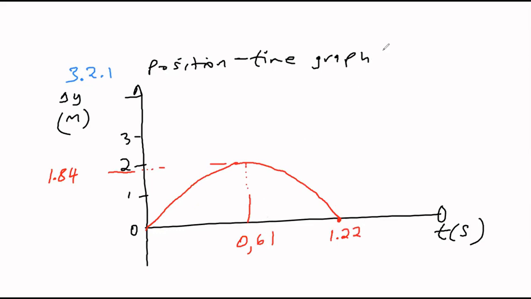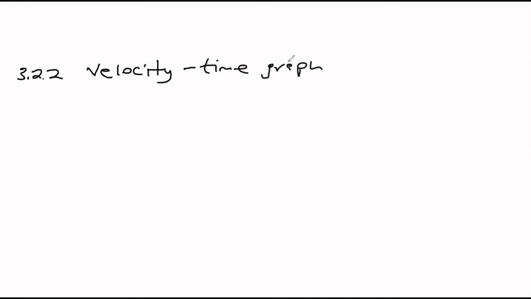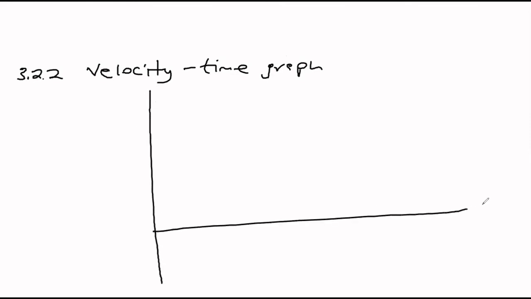Let's now sketch the velocity time graph. So 3.2.2 is the velocity time graph. Okay, velocity time graph. So along the x-axis we have t in seconds, origin is 0.